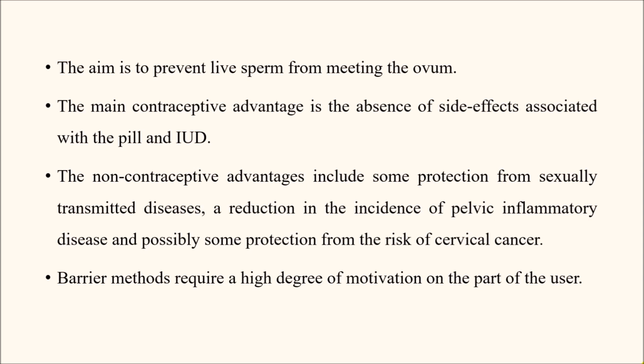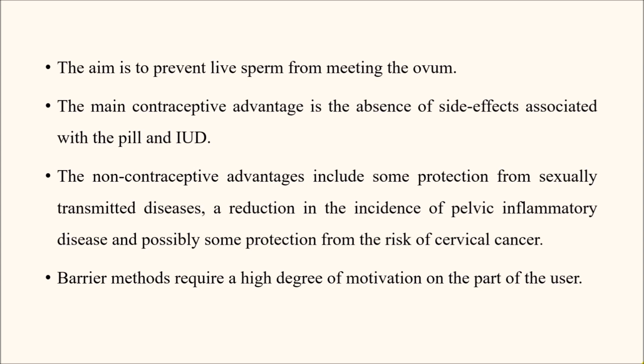There are also some non-contraceptive advantages of the barrier methods, which include protection from sexually transmitted diseases or STDs, reduction in the incidence of PID, that is pelvic inflammatory disease, and possibly some protection from the risk of cervical carcinoma.